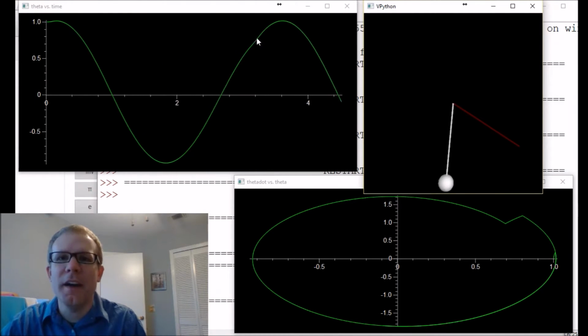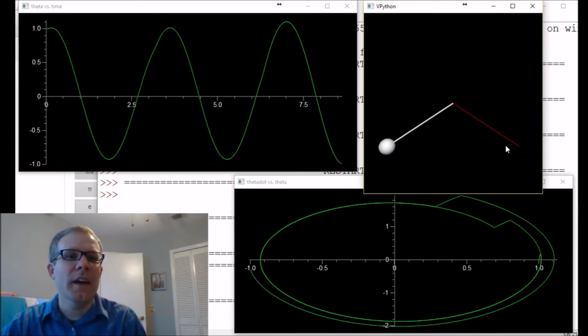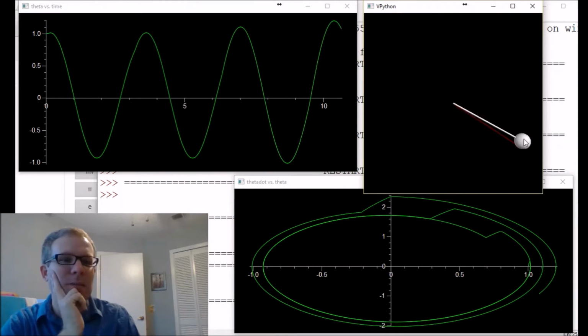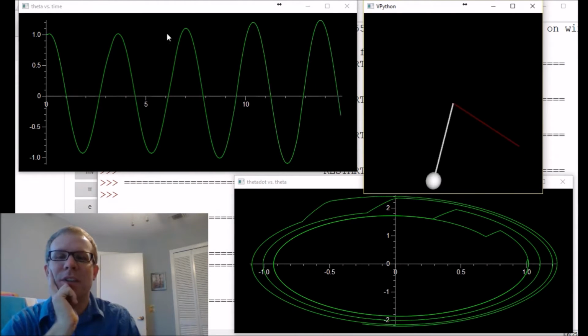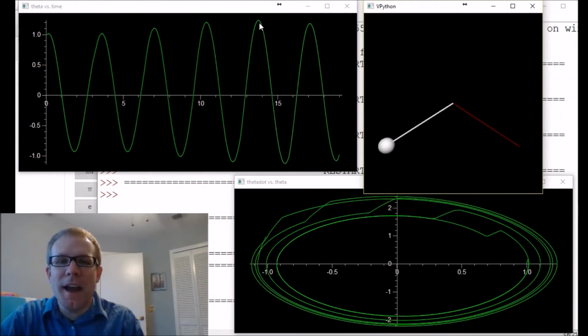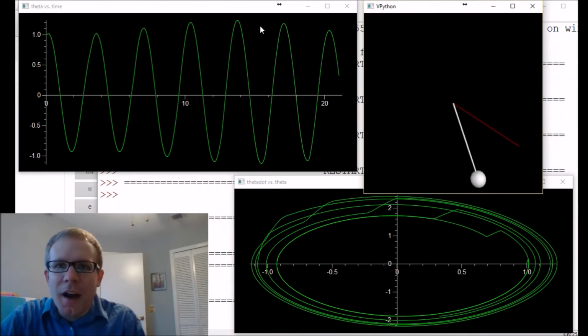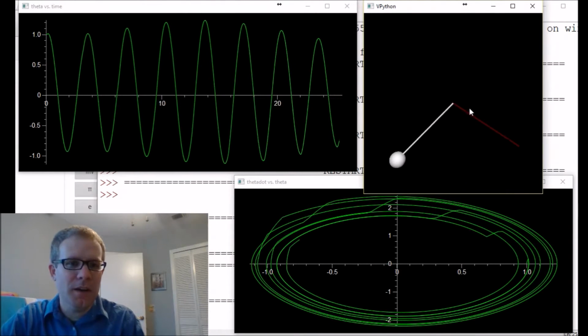And kick. Okay, yeah, so it gets the kick sort of right before it reaches there. Kick. Okay, so you notice we're actually gaining some energy because the pendulum bob is going past the initial line, which you can also see by the increasing amplitude here. So we are adding some energy to this thing. It looks like we are losing some energy now, so we're not quite reaching here.